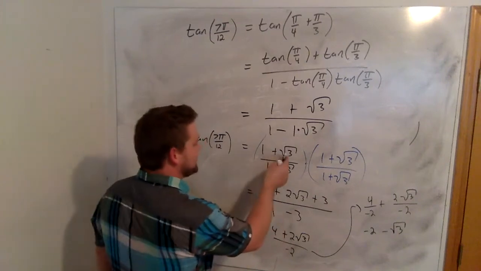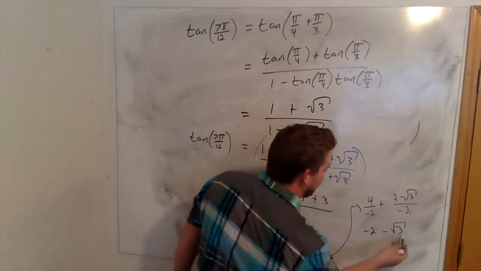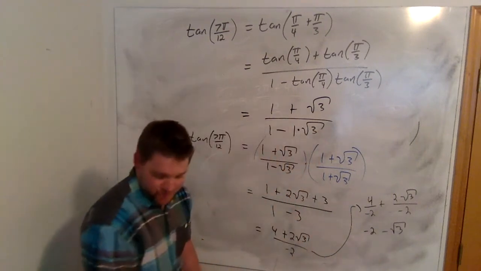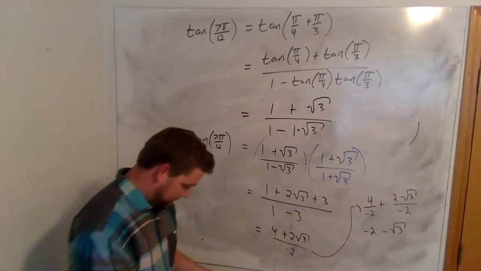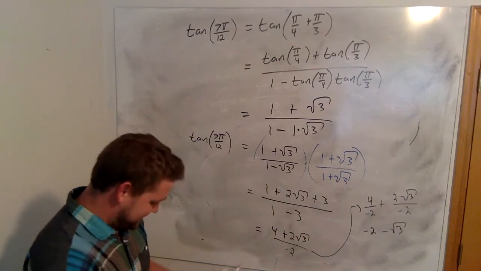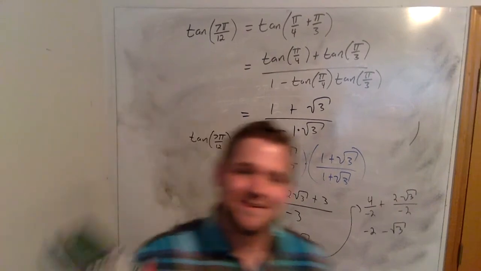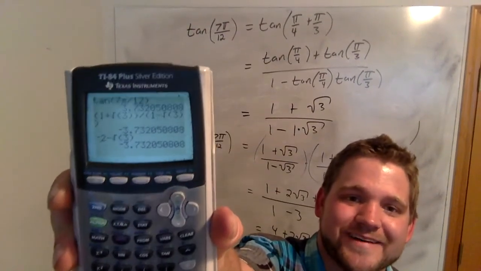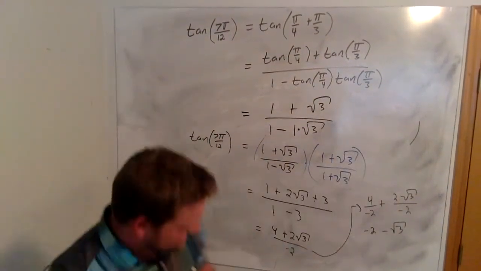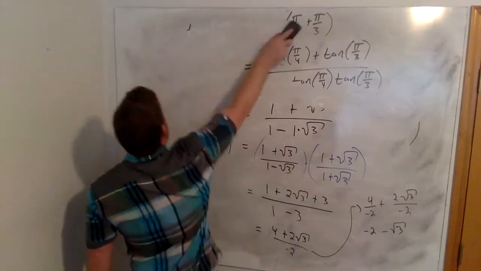So 1 plus root 3 all over 1 minus root 3 is equivalent to negative 2 minus root 3. This is what the book might report. Again, we could use our calculator to verify this. Negative 2 minus the square root of 3. Hit enter. The same thing. How fun. Okay, cool. All right, so now what we're going to do is, let's do some exercises.